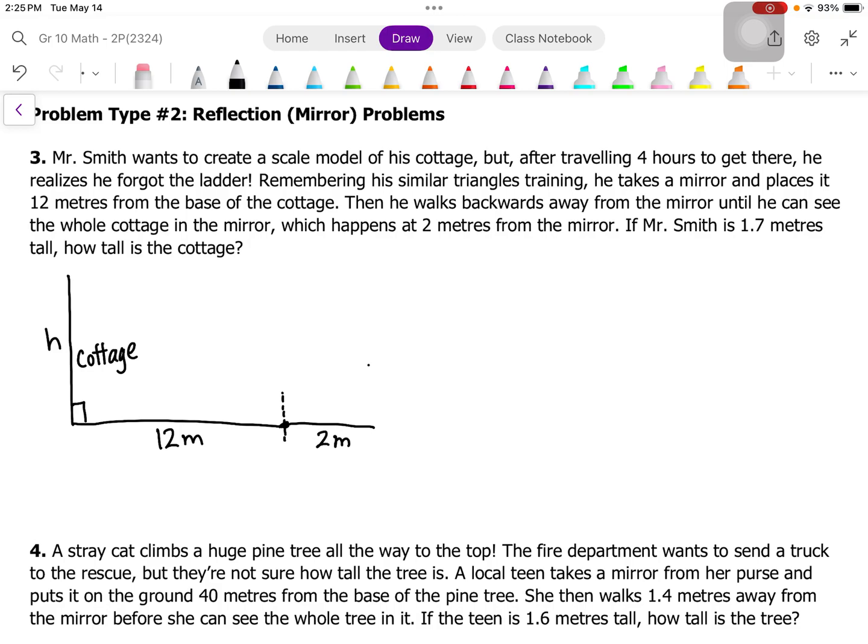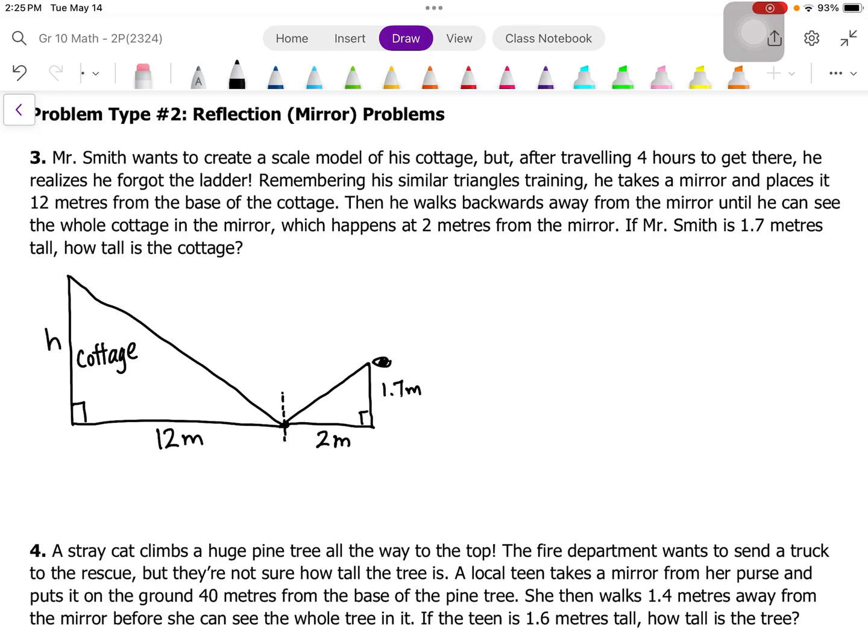And he is 1.7 meters tall. So we're going to assume that 1.7 is his eye. So there's his eye, and he's seeing a ray of light that's getting reflected in the mirror from the top of the cottage. So here are the similar triangles that we have created.